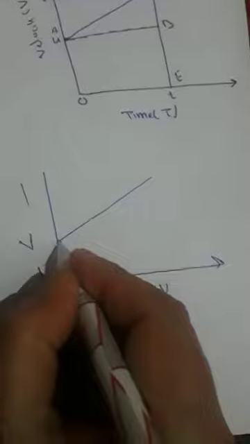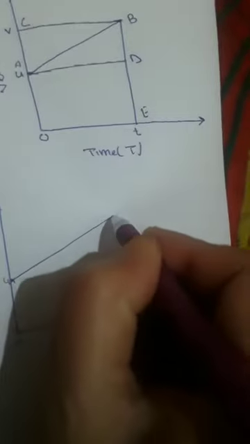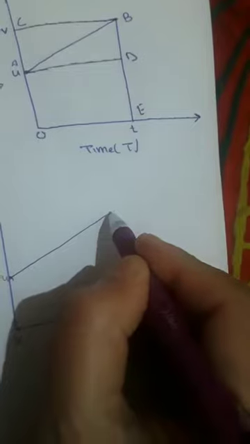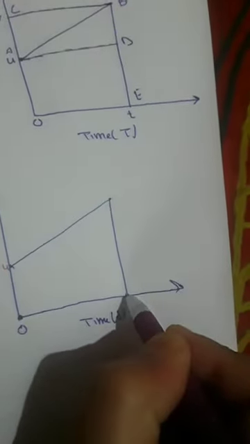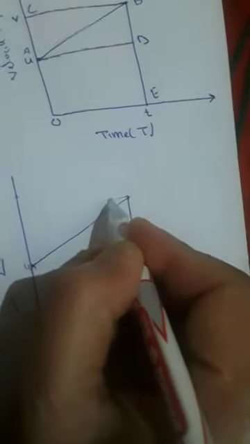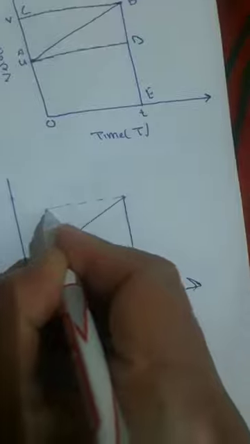This is the initial velocity u. And how can we get the final velocity here? We draw perpendiculars on the time axis. When we draw the perpendicular, it gives me a time coordinate, and I draw a perpendicular on the velocity axis in red.